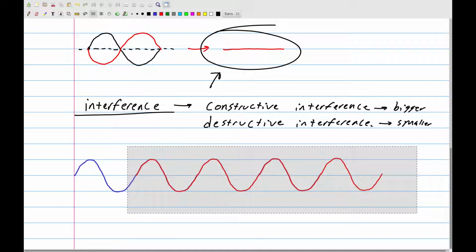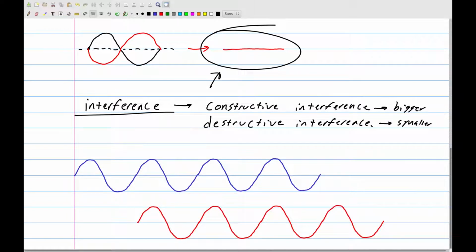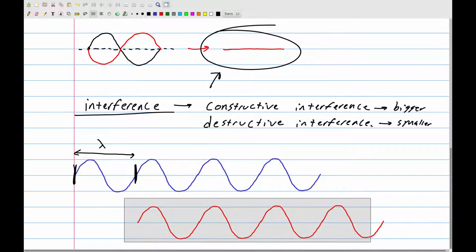Well, I don't want to lose that red one here, so I'm just going to slide that down here for a minute. I've shifted it from here to here, which, if you remember, from any point to an identical point on the line is going to be called a wavelength. So I have shifted it one wavelength in order to have constructive interference again.